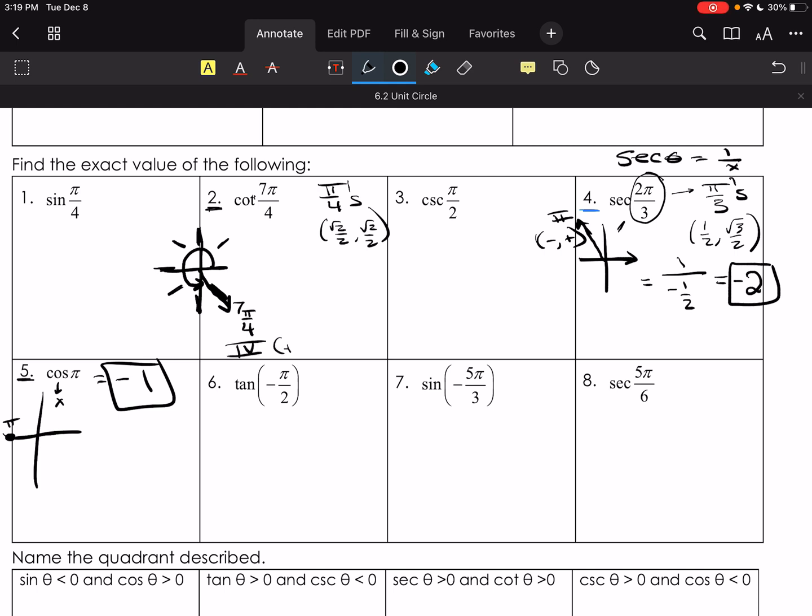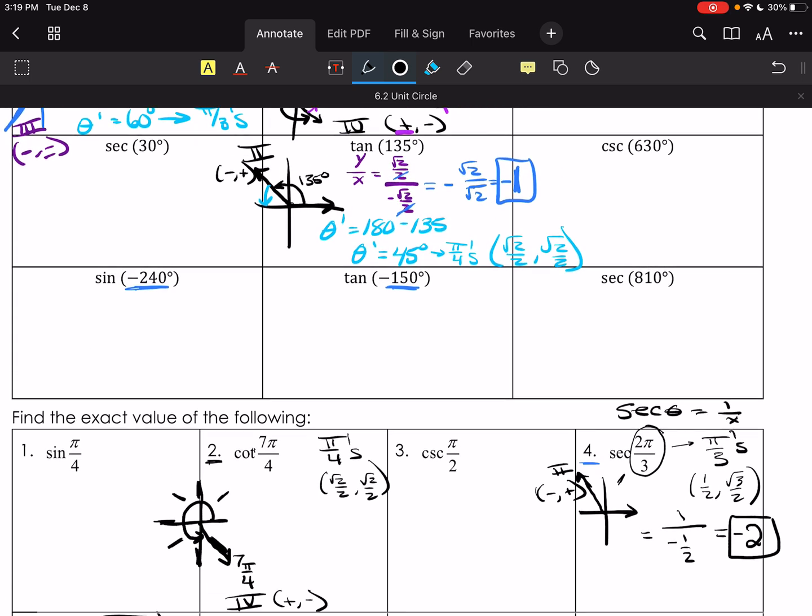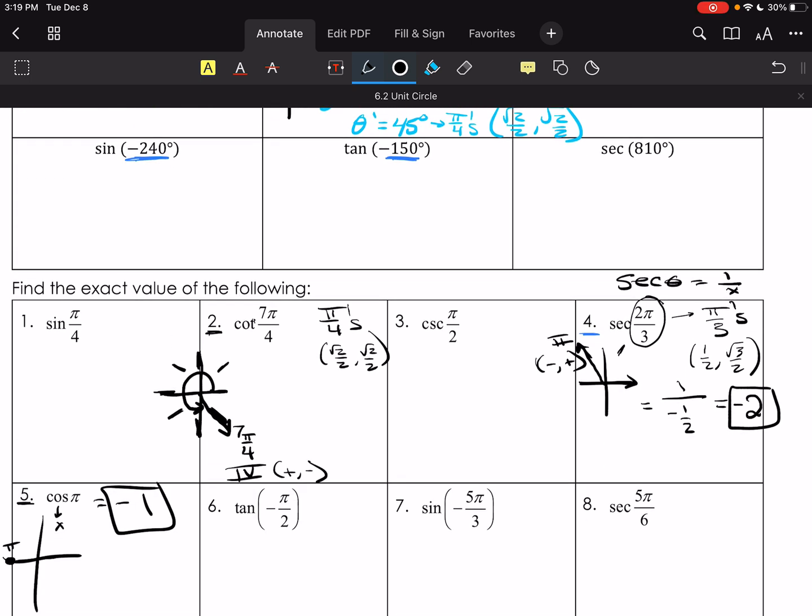So that's going to be positive comma negative. So cotangent is the reciprocal of tangent. If tangent is y over x, then cotangent is x over y. So plugging in, I would have positive x, so square root of 2 over 2, divided by negative y. And again, same thing top and bottom. I just have to take care of that negative, so I would get negative 1.